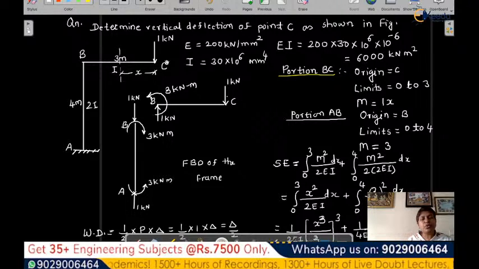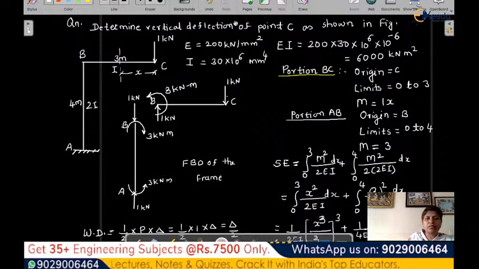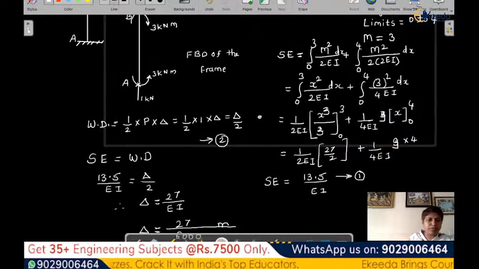Then we write down the work done equation, equate strain energy and work done, and from that expression we arrive at the deflection at that particular point of the frame.